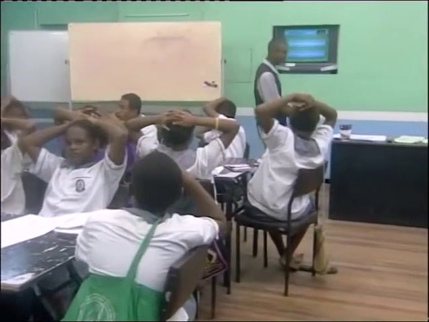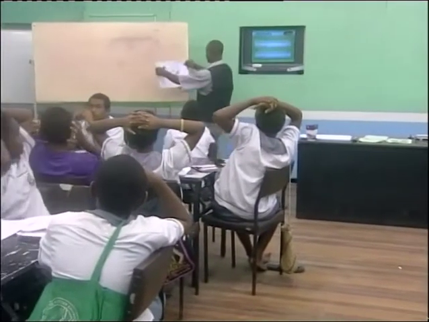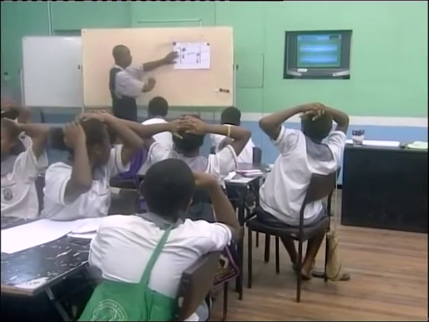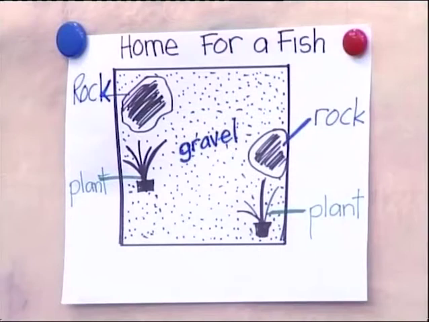So for example, I have one here. I planned a home for a fish, a small fish, not those big tilapias, but a small fish. And this is the container I have. I have decided to use this container.